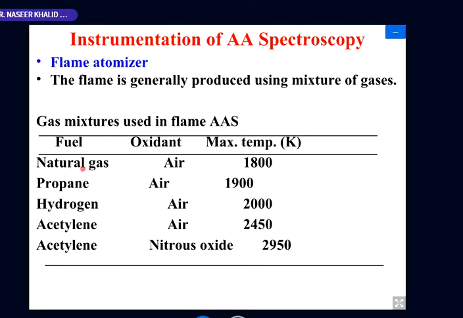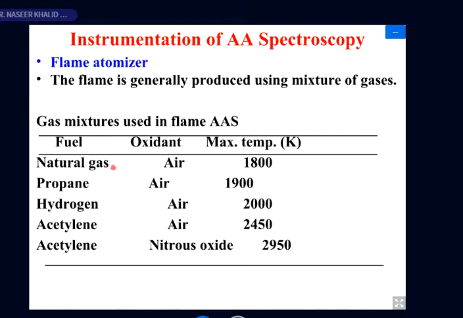Similarly, if we don't have natural gas, we can use propane and air. We can use hydrogen and air. We can use acetylene and air. We can use acetylene and nitrous oxide.